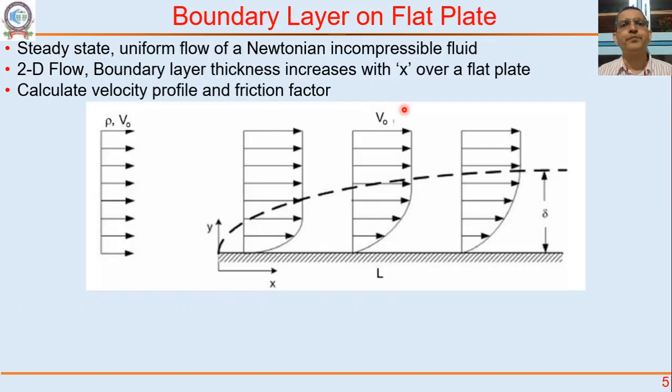Before that, let's talk a little bit about boundary layer. So what we are going to talk about is steady state, uniform flow. Uniform flow means velocity is constant across the spectrum, across the y direction. This is our y direction, this is our x direction. Actually, x is here, not here.